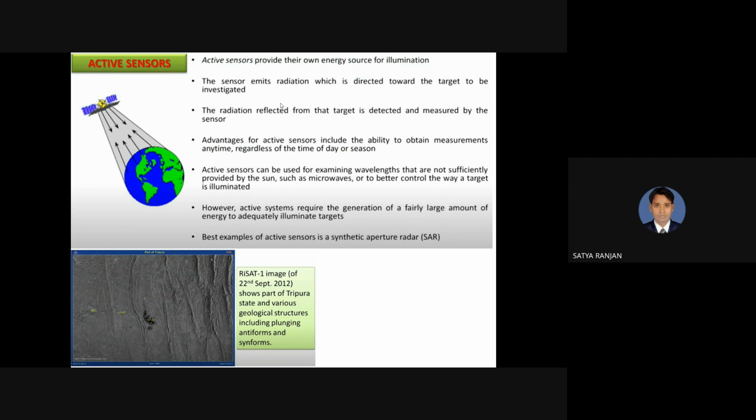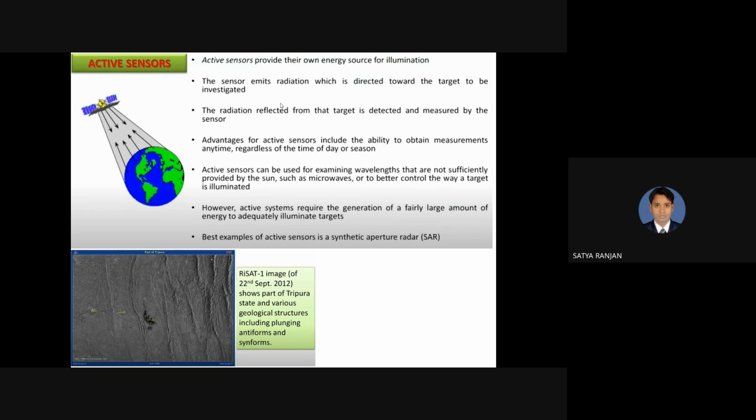And the active sensor can be used for examining wavelengths that are not sufficiently provided by the sun, such as microwave, and better control the way to target. So some of the wavelengths which are not useful with the sun's EMR data are useful for the active sensor data.